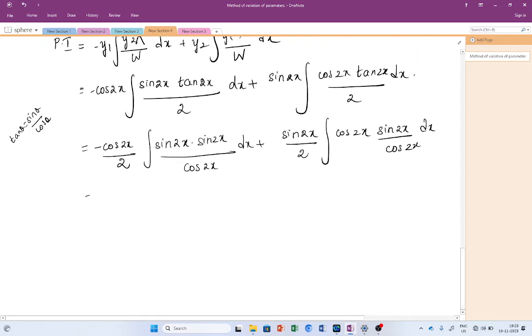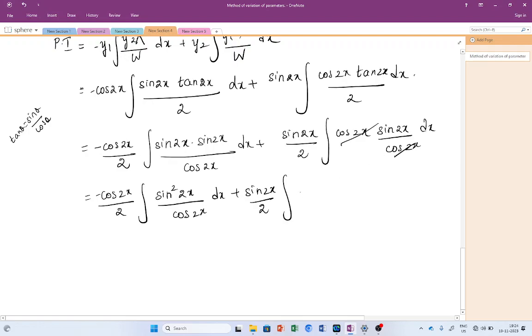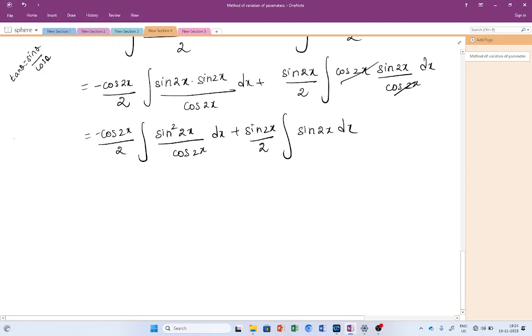Okay, so here again, sin 2x into sin 2x is sin square 2x divided by cos 2x dx plus sin 2x divided by 2. Here cos and cos will get cancelled. It is sin 2x dx. Okay, so now I know that sin square theta plus cos square theta is equal to 1.